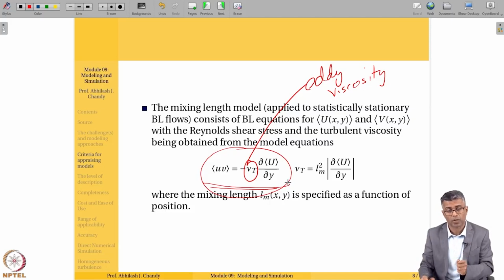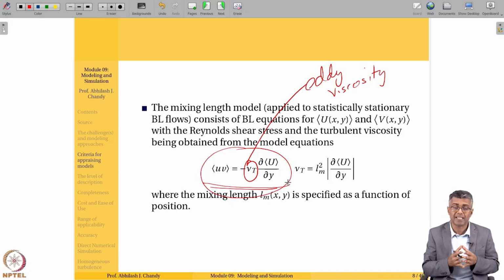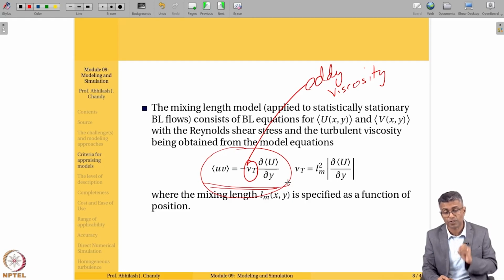Now note that this violates one of the features of turbulence, as we had discussed in some of the earlier modules: turbulence is not a property of the fluid, it is a property of the flow. So using it violates that feature. However, Boussinesq warned of that as well when he introduced this hypothesis.